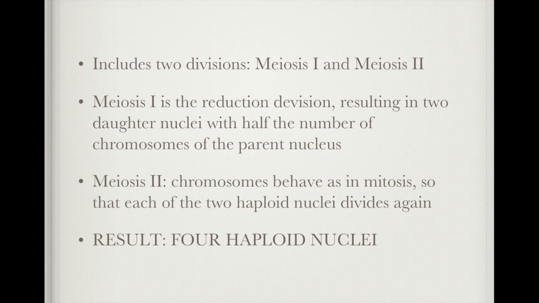In meiosis 2, the chromosomes behave as in mitosis, so that each of the two haploid daughter nuclei divides again. Meiosis therefore results in a total of 4 haploid nuclei. Note that it is the behavior of the chromosomes in meiosis 1 that is particularly important and contrasts with mitosis. Meiosis 2 is just like mitosis.